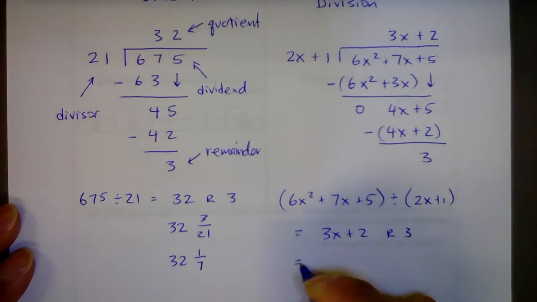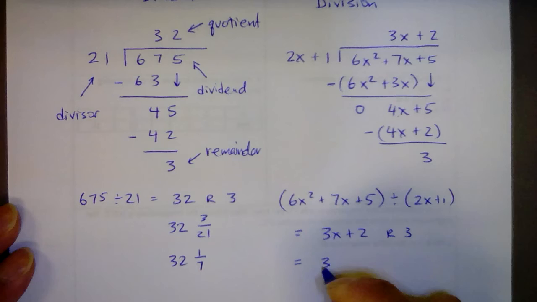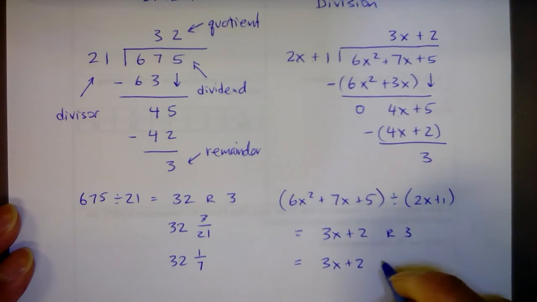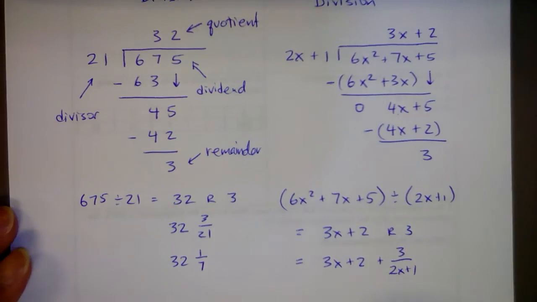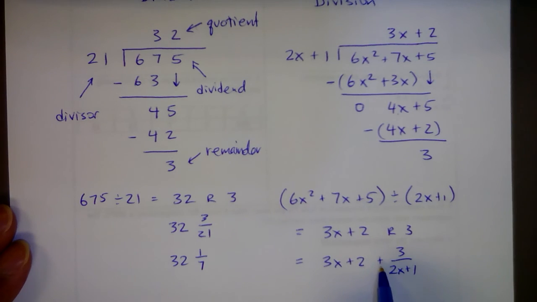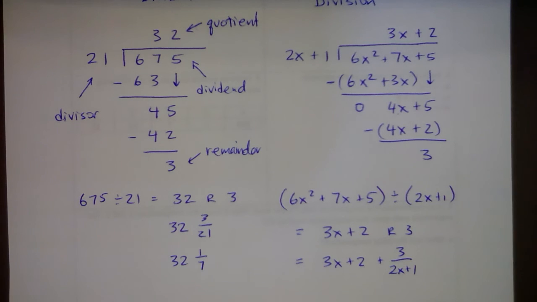But in a more mathematical answer, you would say it's 3x plus 2, and then the leftover 3 still has to be divided by 2x plus 1. And so the final expression would be 3x plus 2 plus 3 over the original divisor, 2x plus 1. Go ahead and pause the video and review this part with your neighbor as well.